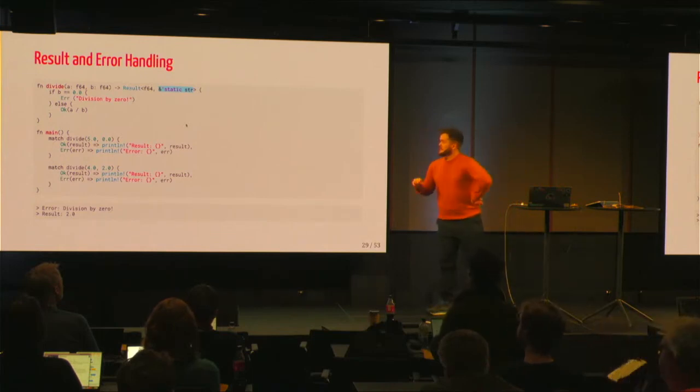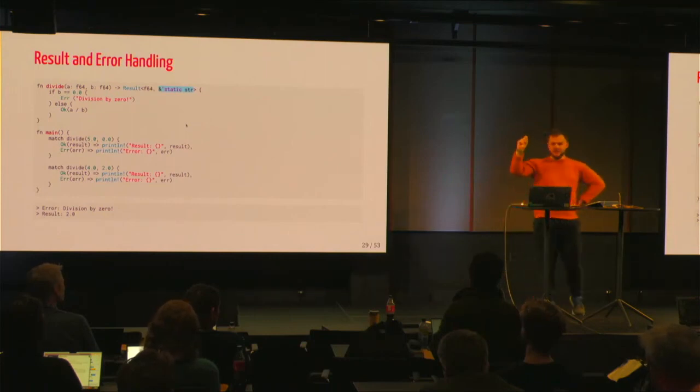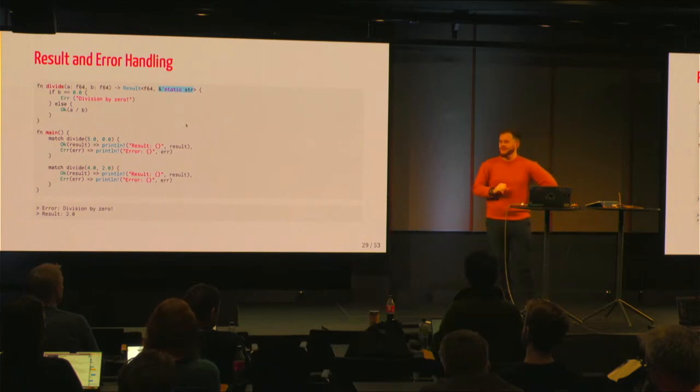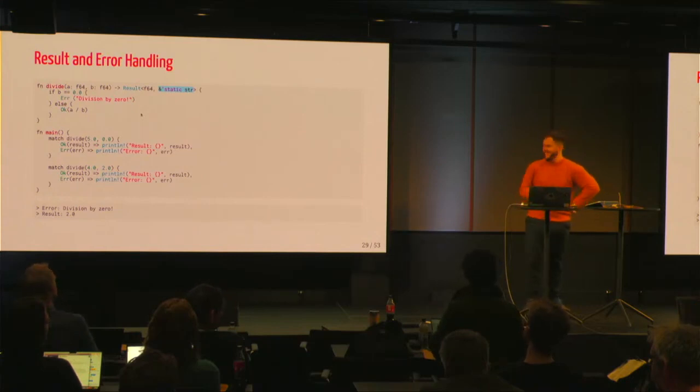I would love to describe in detail why we have to write the &'static, but I haven't bothered finding out. That's just how you have to write it. Anyone knows? Lifetime. Lifetime, okay. Yeah, it's lifetime related.